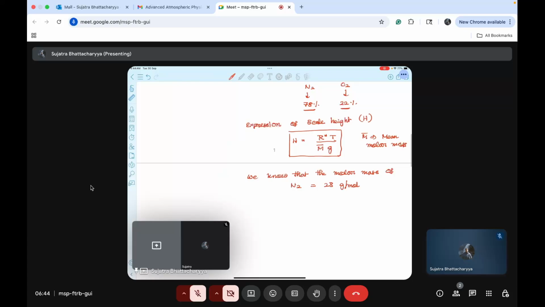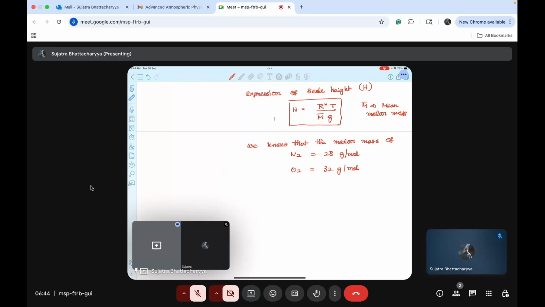Approximately, there will be decimal places and all those things, I am neglecting them. And the molar mass of oxygen is about 32 grams per mole, because the oxygen atom is 16, so 16 into 2, 32, and N is 14, so 14 into 2, 28. Perfect.